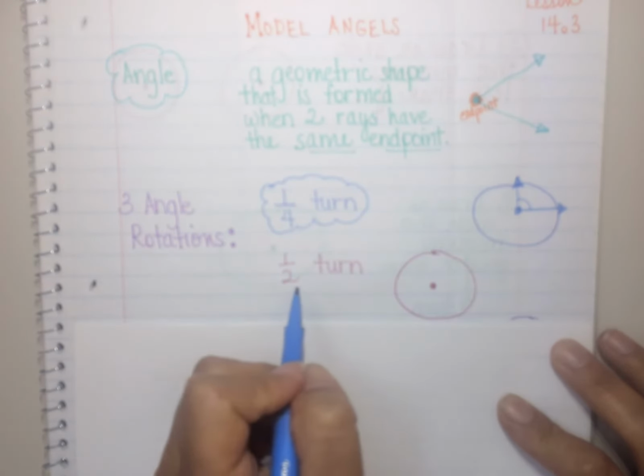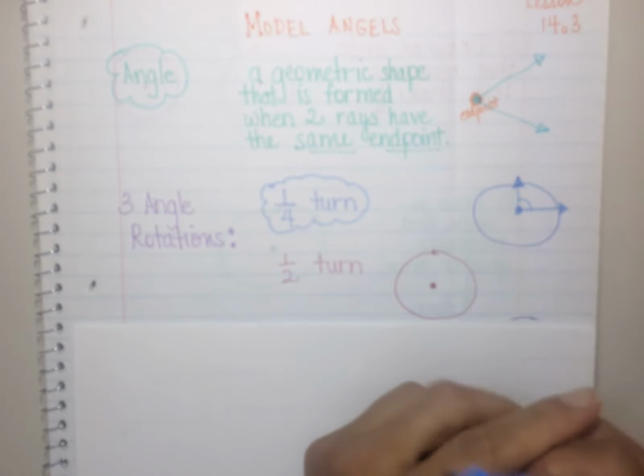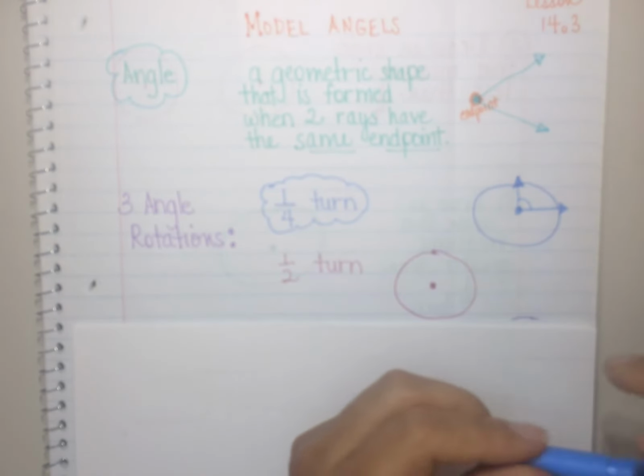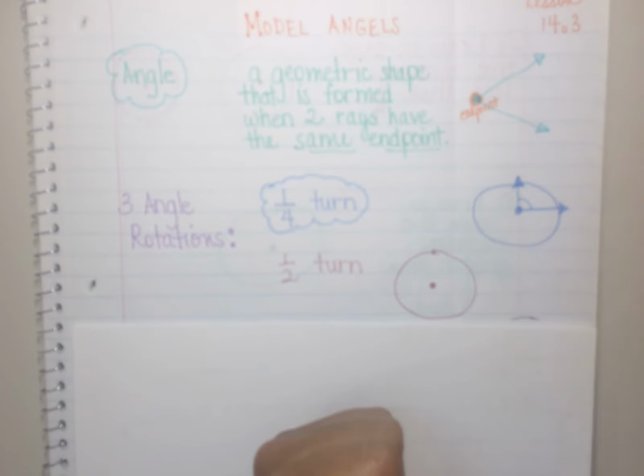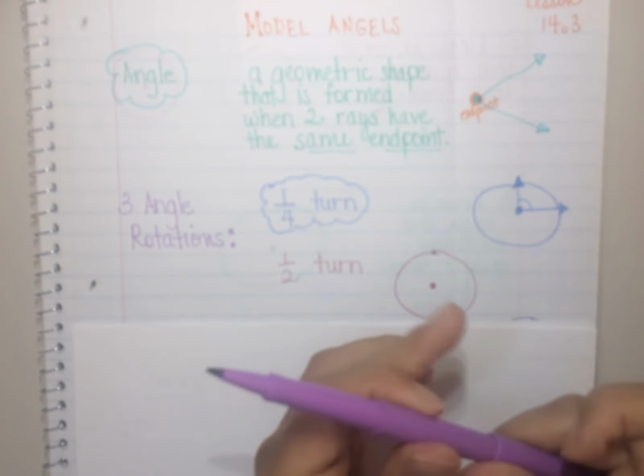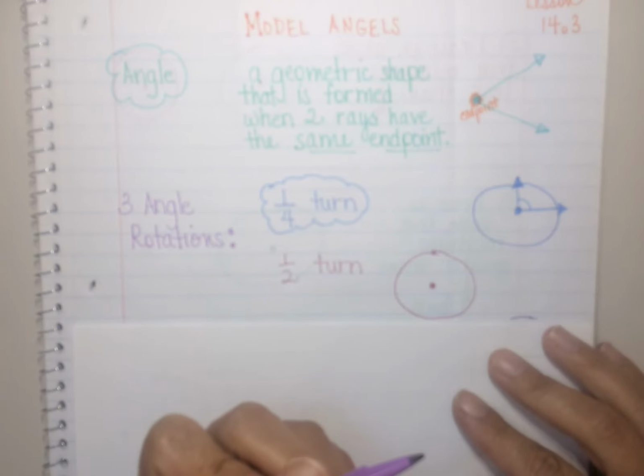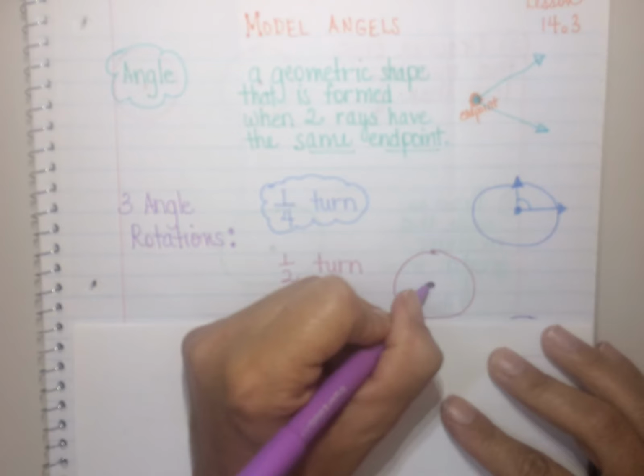Okay, now we're going to talk about a 1/2 turn. Please write that and draw a circle and an end point. Okay.